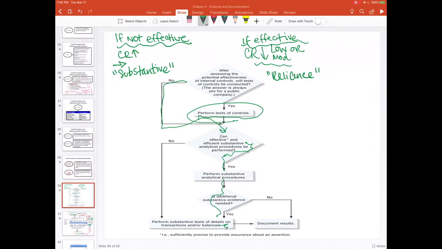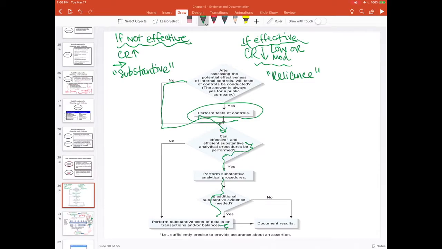I would say for most of my audits, substantive test of details were always necessary if we had determined an account was a significant account. The only time we really thought substantive test of details weren't necessary was if an account was a major balance sheet line item, but wasn't a significant account. So let's say I had an account like other current assets that had a very small balance, right?